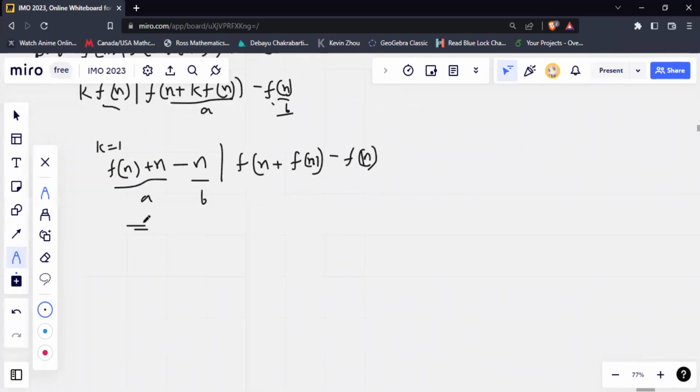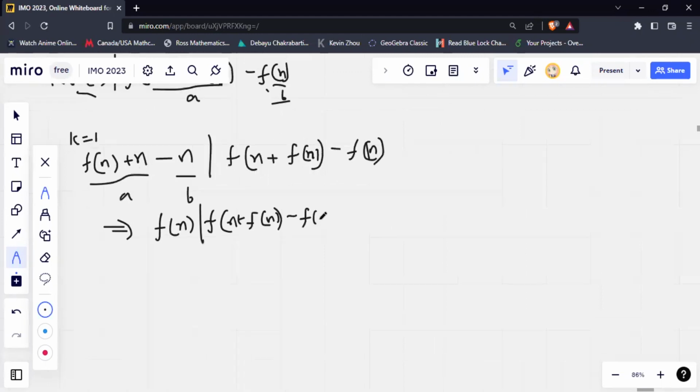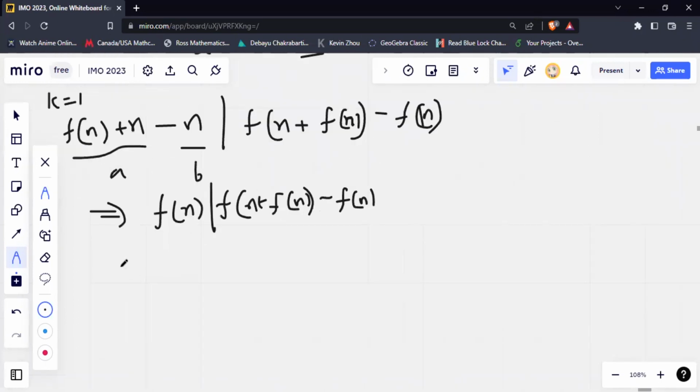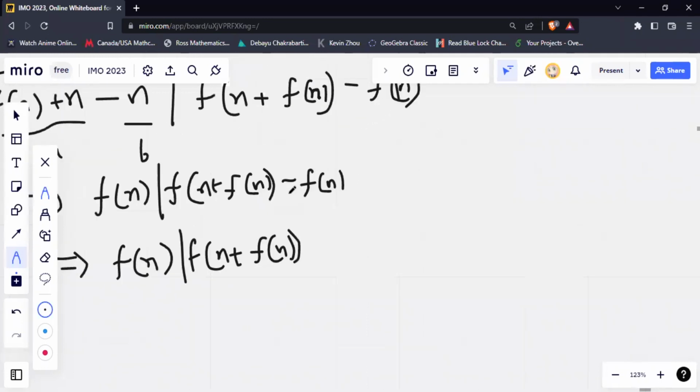Does everyone follow? And you can write that f of n divides this, because f of n divides f of n.